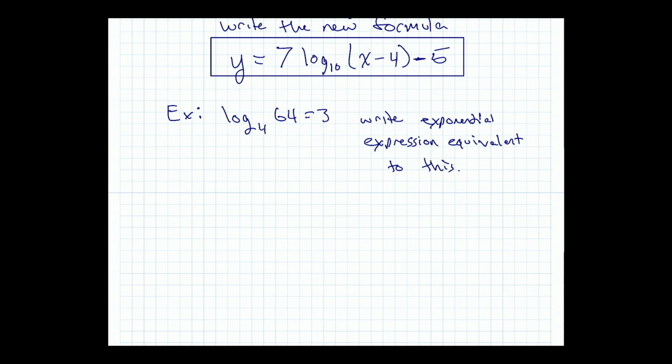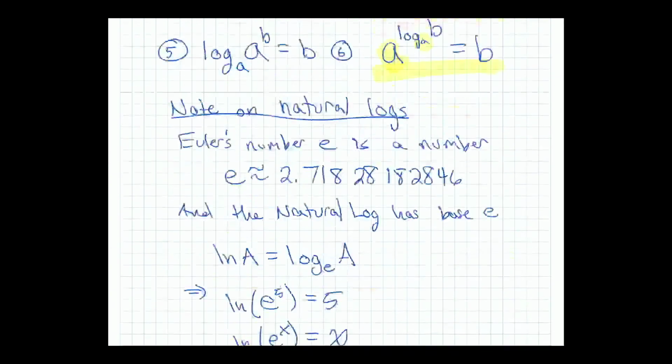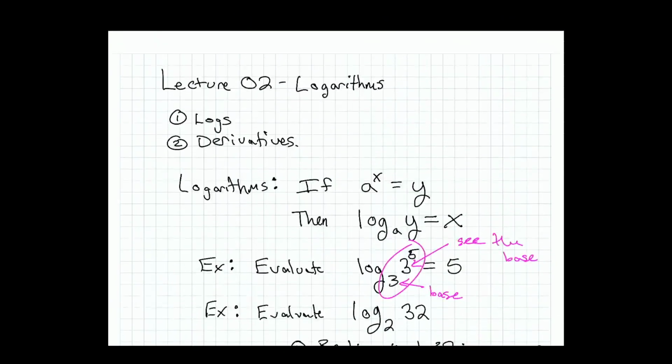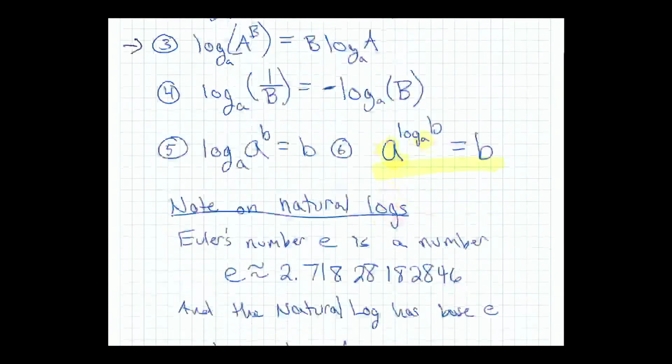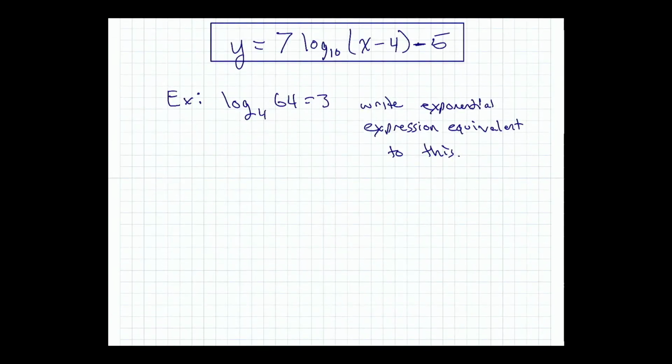And when they say that, what they mean is way back at the beginning here in the notes, where I wrote logarithms, if a to the x equals y, log base a of y equals x, they literally just mean they gave you the second form, write it in the first form. So it looks like you have something complicated to do here, but you don't.